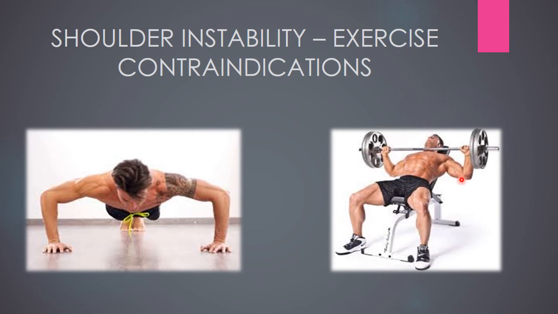And so he has abduction, external rotation, and he's bringing the elbows forcibly down behind the plane of the body, increasing anterior stress on the capsuloligamentous structures. And this is going to be contraindicated in those examinees with instability.